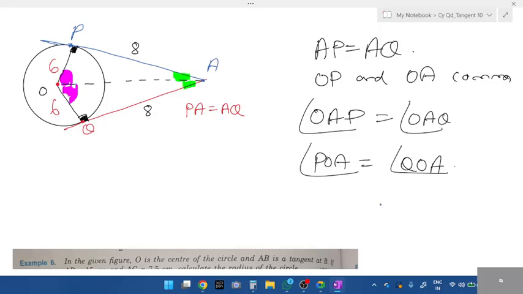Make a note of this. Tangent properties. Tangent property of chord of a circle.